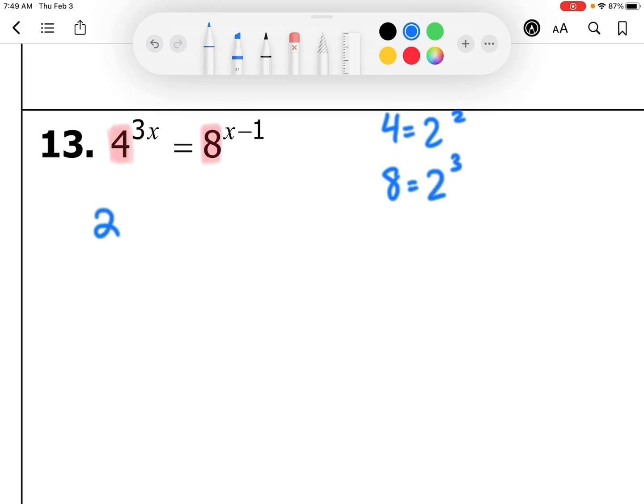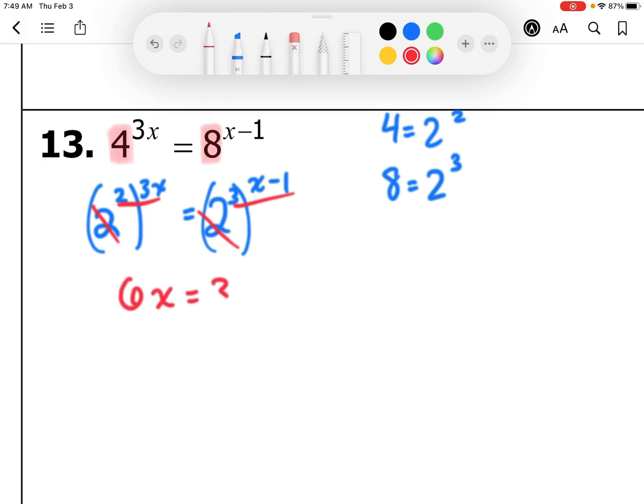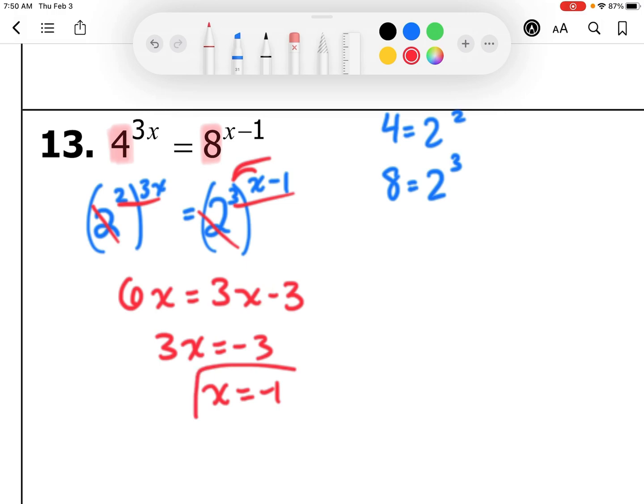So I'm going to rewrite them like this. Remember parentheses. And I'm going to need some distribution again. I have to multiply these. Well, I can cancel out my bases, so I have 6x equals 3x minus 3. Don't forget distribution. So 3x is negative 3, and x is negative 1.